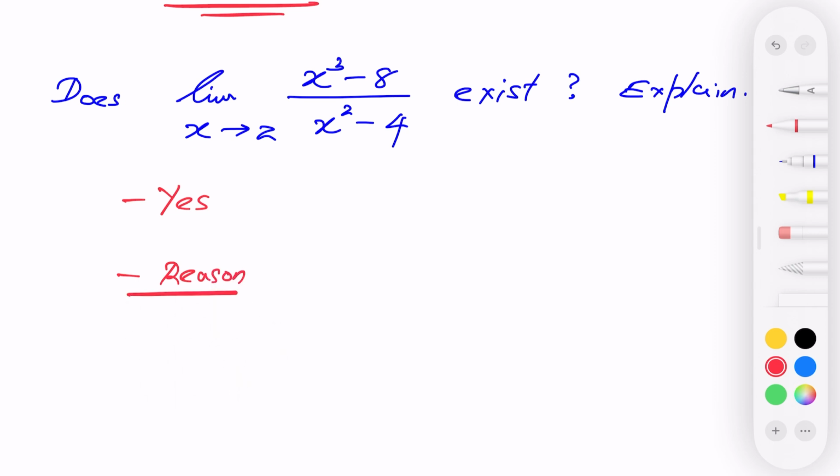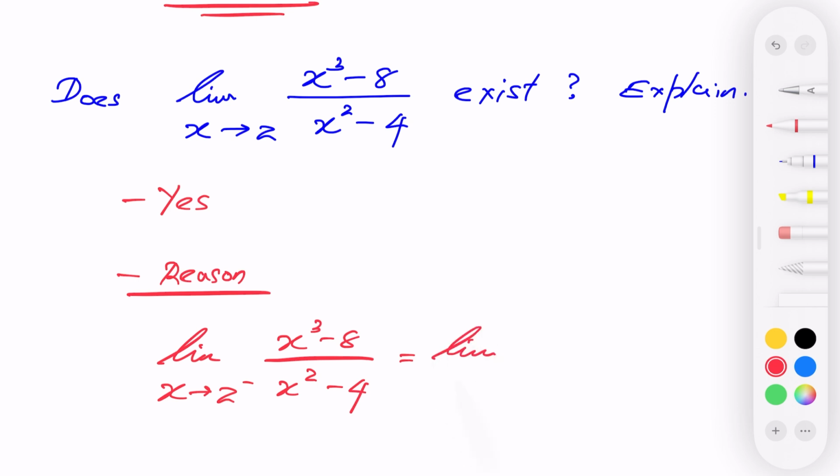The reason is, because we have the limit as x approaches 2 from the left-hand side of x cubed minus 8 over x squared minus 4 equal to the limit as x approaches 2 from the right-hand side of x cubed minus 8 over x squared minus 4.